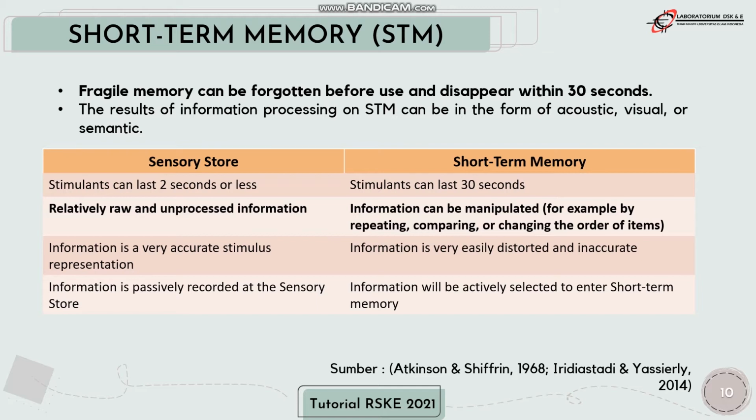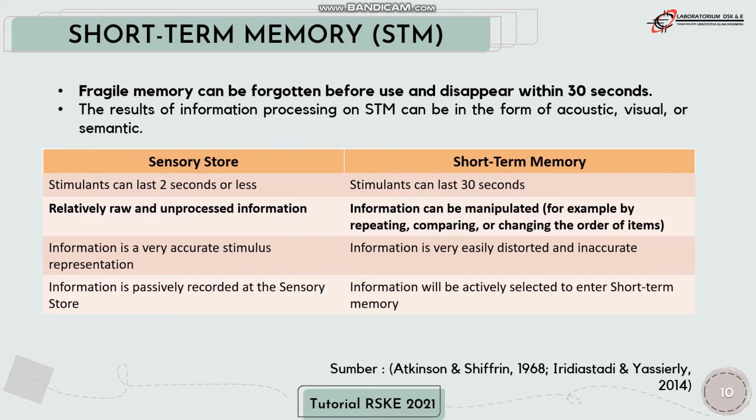Now, we need to know that short-term memory is divided into two stages. First is the sensory store, which is a large capacity storage system that records information from the senses accurately. And second is short-term memory.